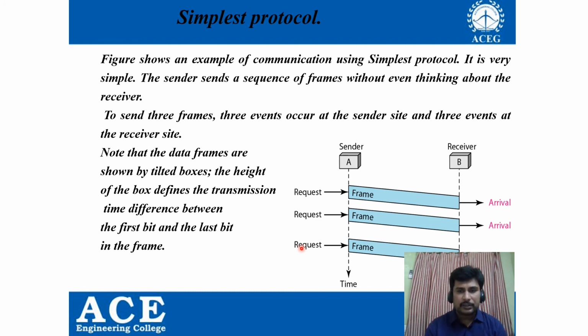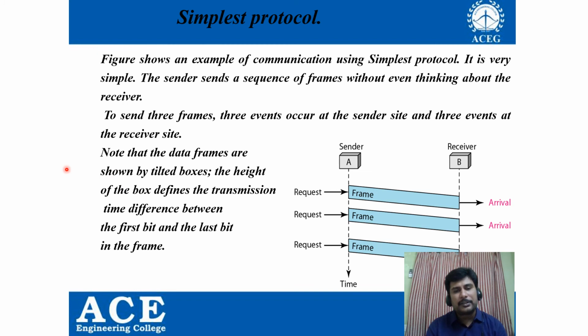So the sender will be continuously sending the frames. In this example we have taken 3 frames, so the sender has 3 events: sending frame 1, sending the second frame, and sending the third frame. In the same way the receiver also has three events: receiving frame 1, receiving frame 2, and receiving frame 3.